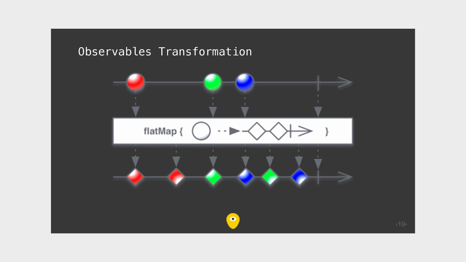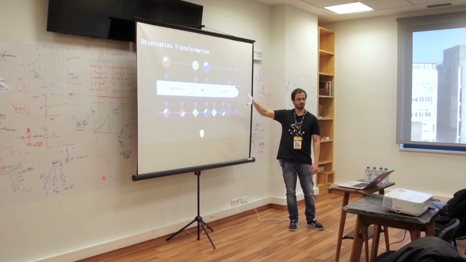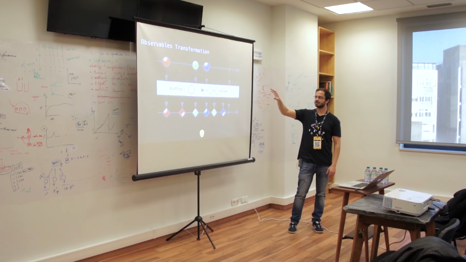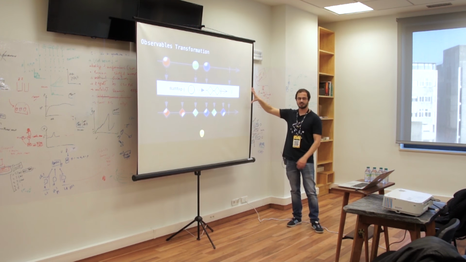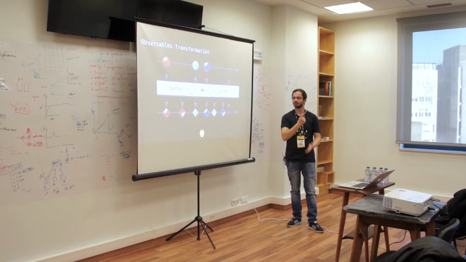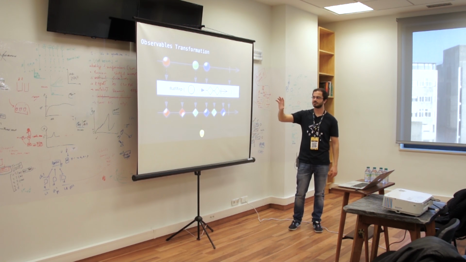But in here, you have multiple observables, and you can take advantage of that, but most importantly, you need to account for that, because you can have unexpected behaviors. So what it does is for every single item in there, it creates an observable, and you can have a bunch of them that are handled internally by flat map and the observable itself, and in the end, they just flatten to one observable. So what you are actually consuming is just one observable, which is cool, and you can make a lot of stuff.